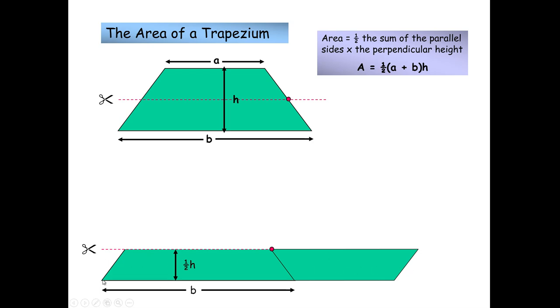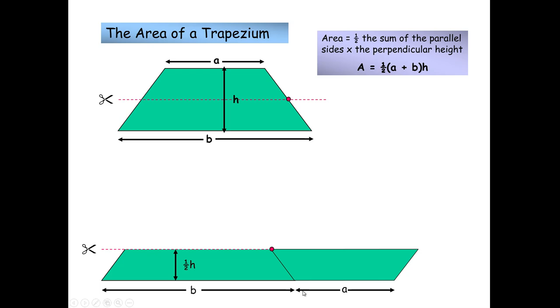Now, I know that from here to here is B, but I also know then the top is A, so this section is going to be equal to A. And so I've now got myself a long parallelogram. I know the area of a parallelogram is base times perpendicular height.